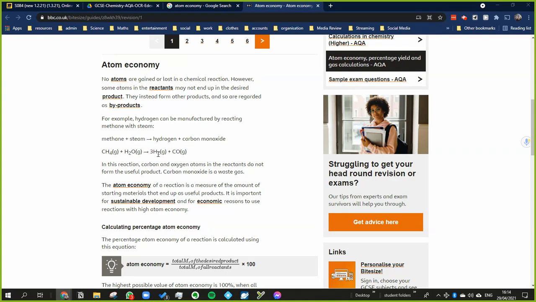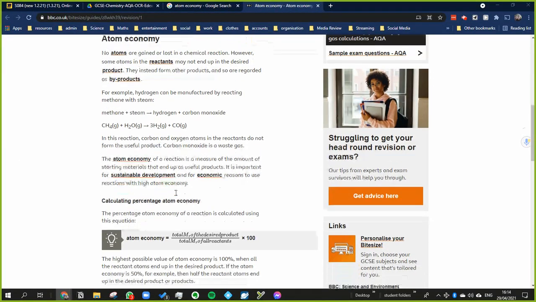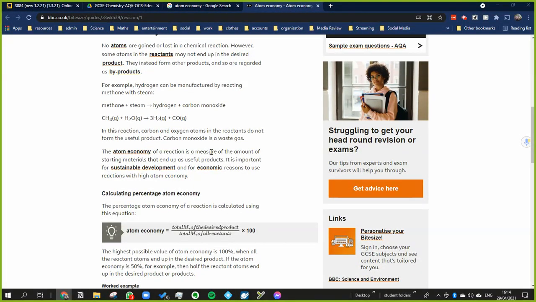So the atom economy of a reaction is a measure of the amount of starting materials that end up as useful products. These are the starting materials, the methane and the steam, and out of that we're going to get this much hydrogen. It's important for sustainable development and for economic reasons to use reactions with high atom economy.